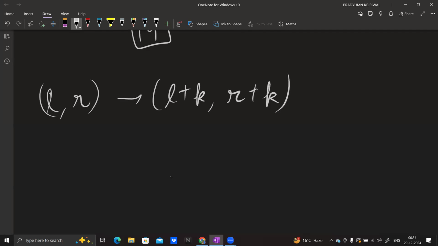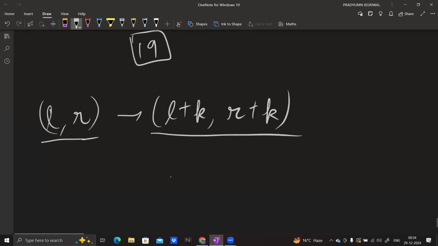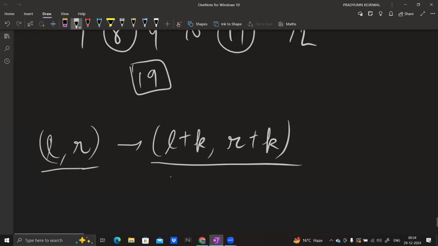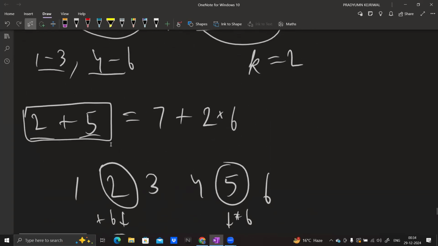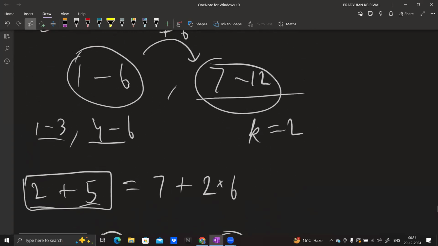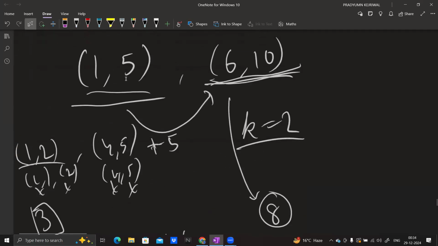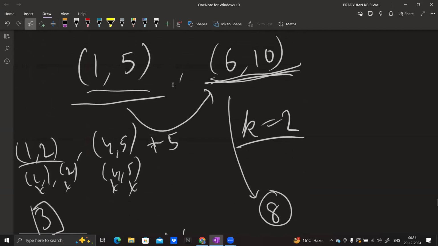If I just have the answer, can I calculate for this one? I can't, because I need to know the number of elements also. I need to know how many numbers are there. In 1 comma 6 there were 2, but in 1 comma 5 there was only 1. So in both cases we added different numbers.